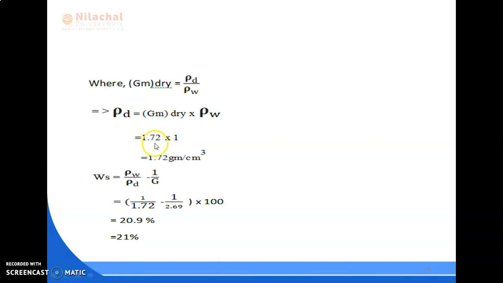So its value is 1.72 into 1 equal to 1.72 gram per centimeter cube. So finally Ws equal to (1 by 1.72 minus 1 by 2.69) into 100, so 20.9% or 21%.